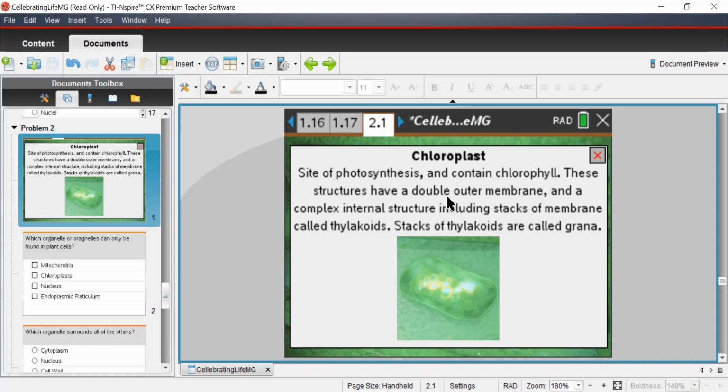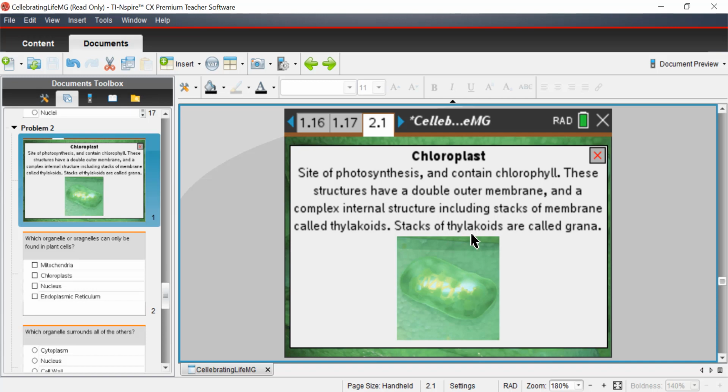The chloroplasts have a double outer membrane and a complex internal structure, which includes stacks of membranes called thylakoids. And stacks of thylakoids are called grana. So there's a lot going on in a chloroplast.